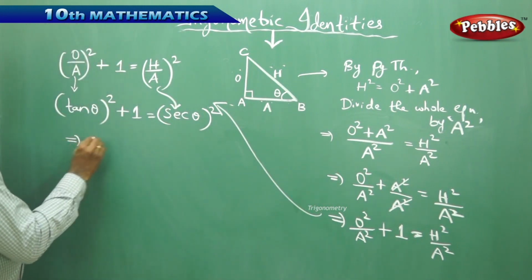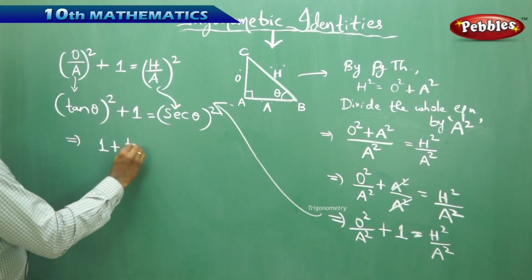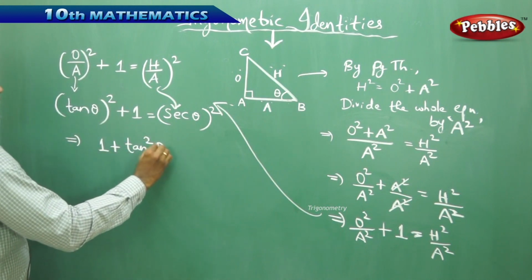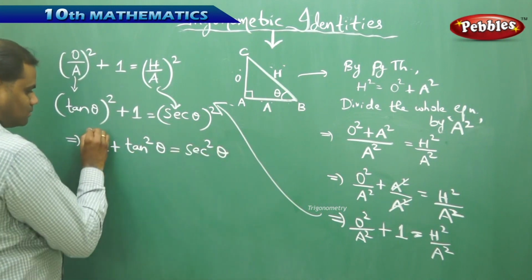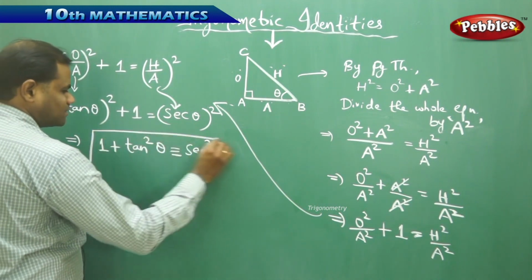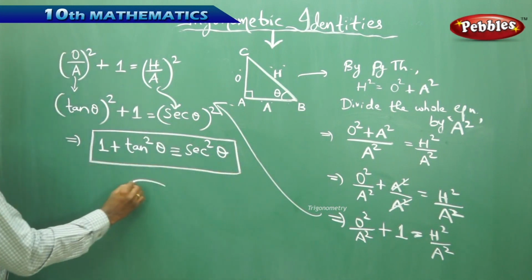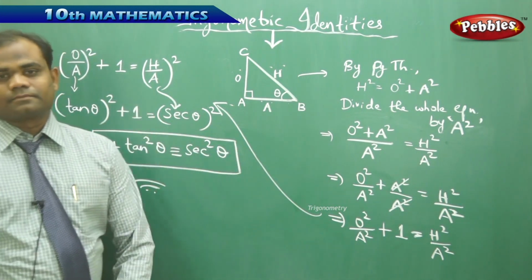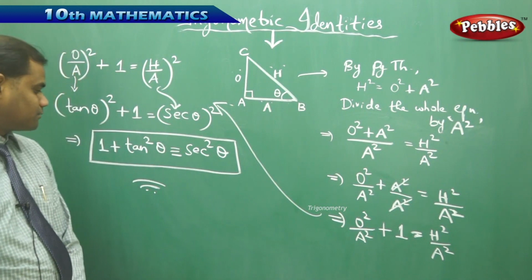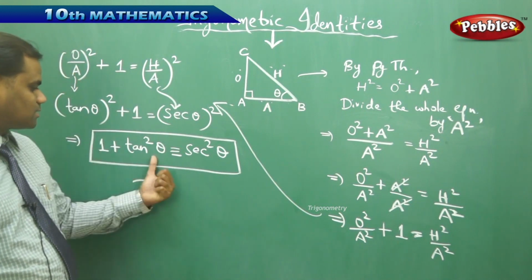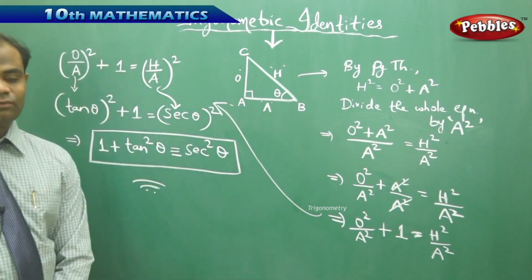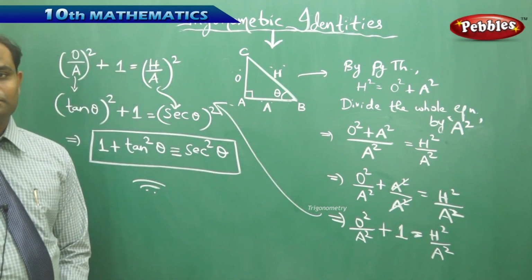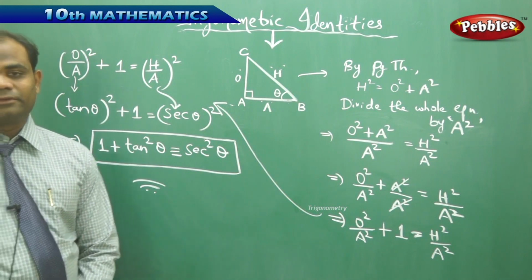That implies when I rearrange, this is reduced as 1 plus tan square theta equals secant square theta, one of the identities identified in trigonometric ratios. The second identity identified here is that 1 plus tan square theta is always equal to secant square theta for any angle theta.